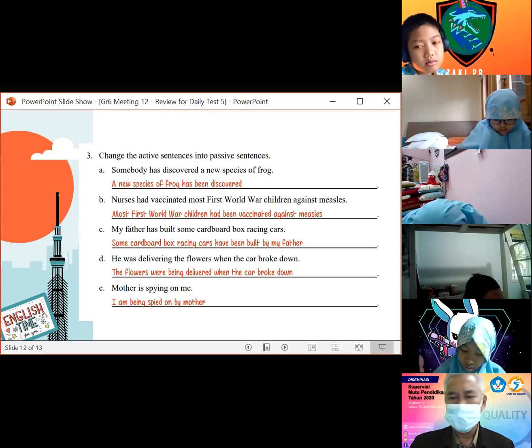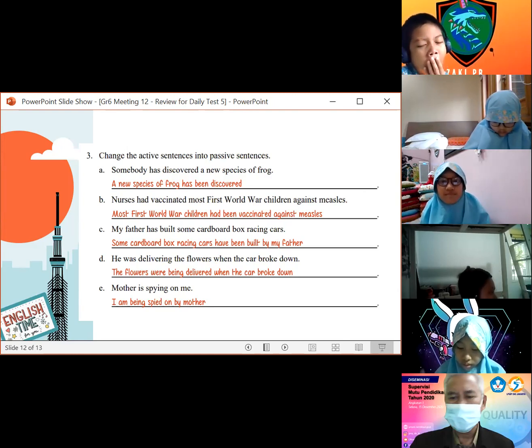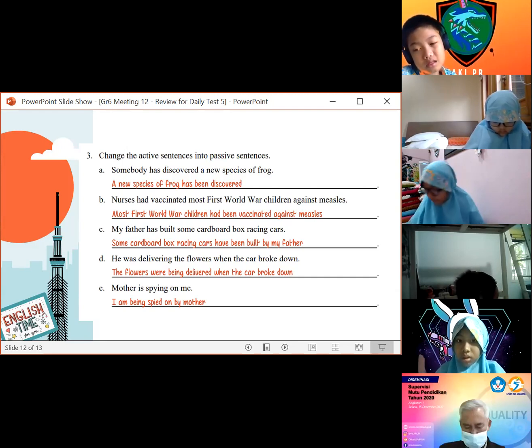After that, use the to be or the auxiliary verbs that agree with the subject that was the object before.